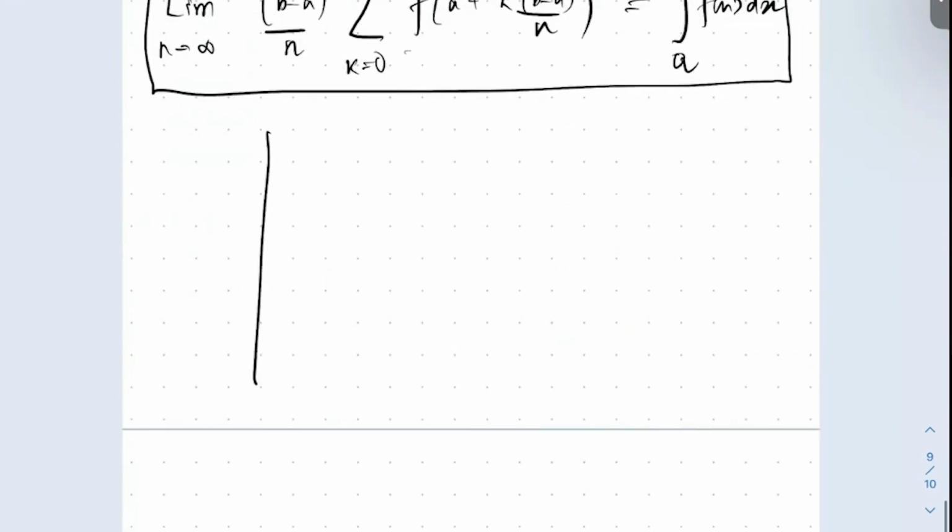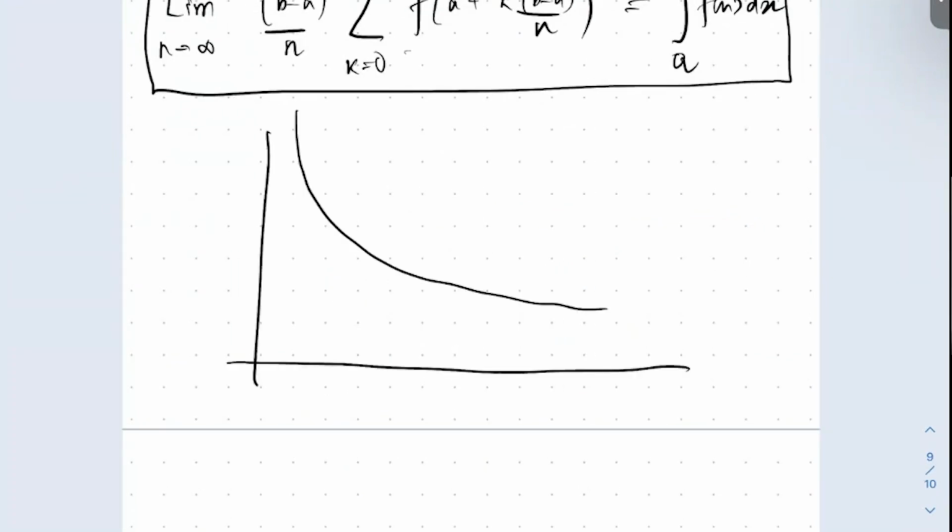So let's say we take this A, and then we mark these n intervals, and let's take this B. The x point on the x-axis will be, as you can see, the kth point will be a plus k into (b minus a) by n, because a b length is divided into n intervals, so each length will be (b minus a) by n.